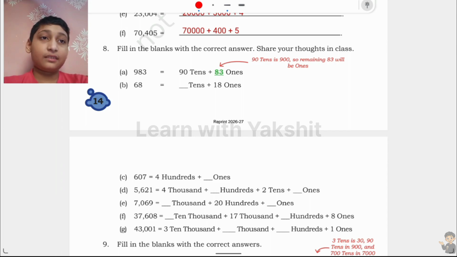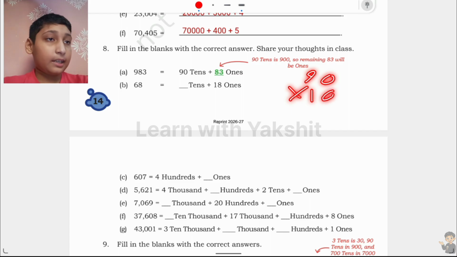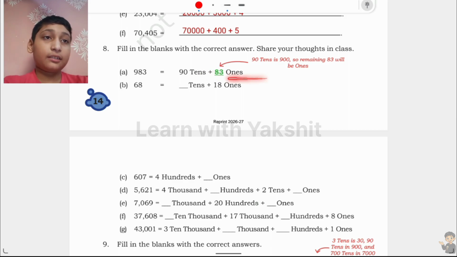Yes, the tens, if you multiply 90 by 10, that still equals 900. What is this? 83 ones? Yes, there is 83 ones. Look, 90 tens is 900, so the remaining 83 will be ones, like this.